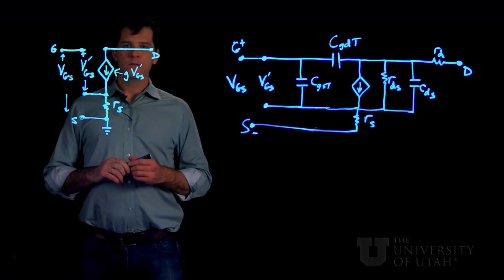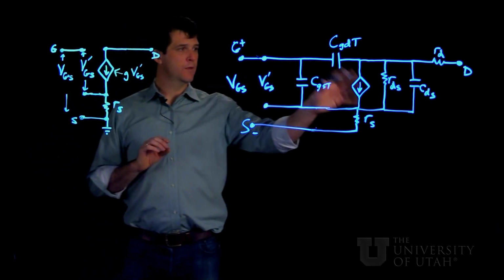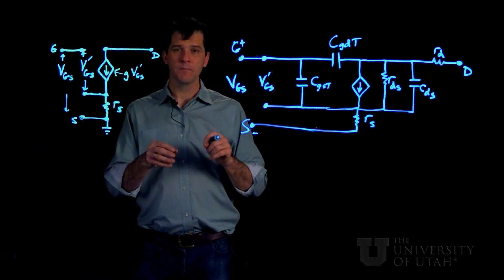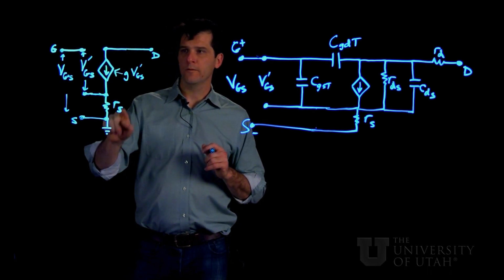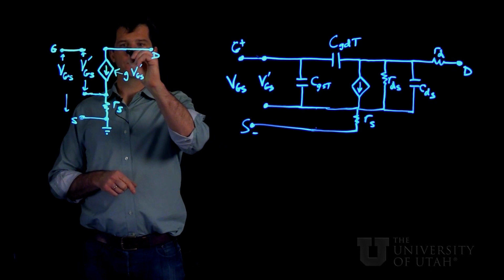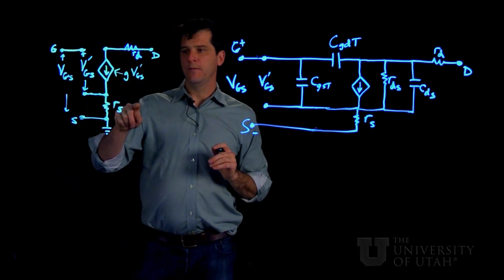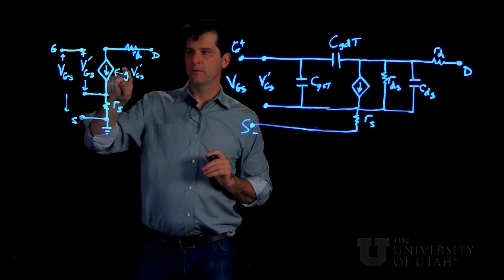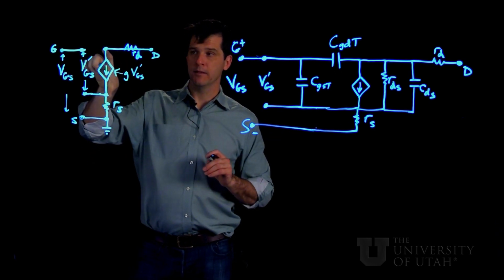So on this side, I've drawn a simplified portion of this, and we're going to explore first the impact of source, or I could also put the drain resistance on the effective voltage which is dropped across the channel.